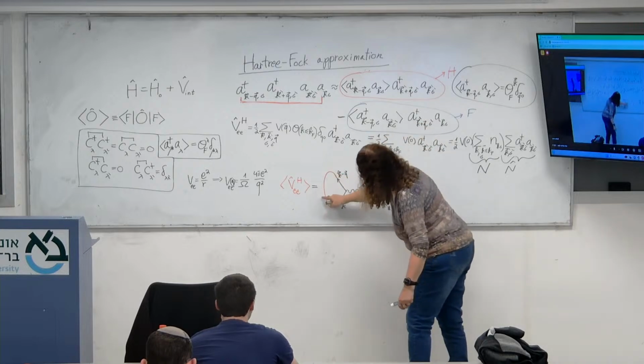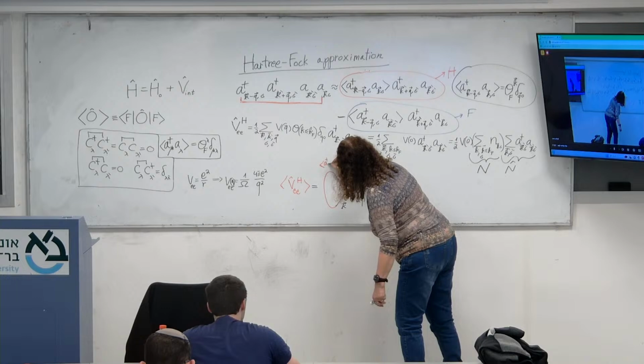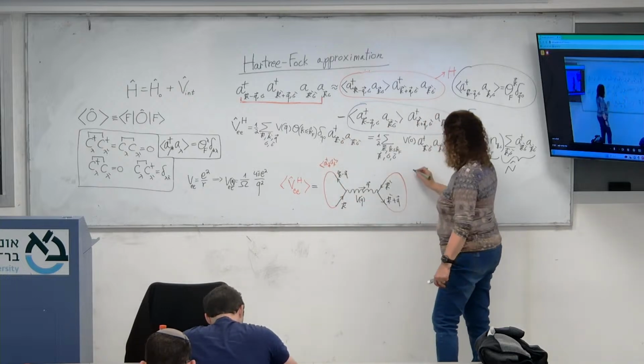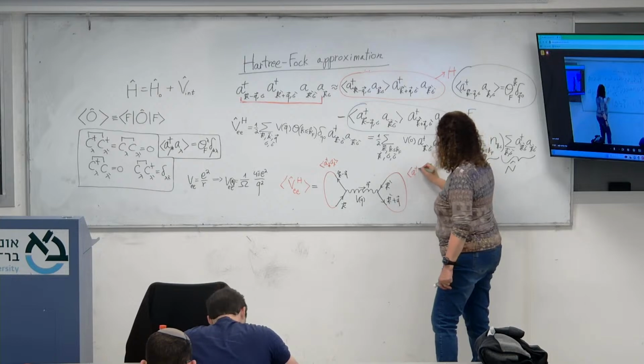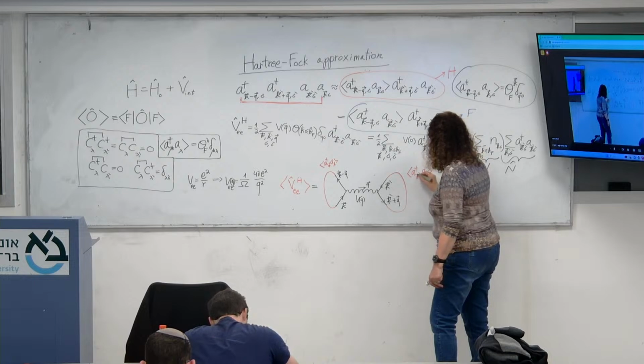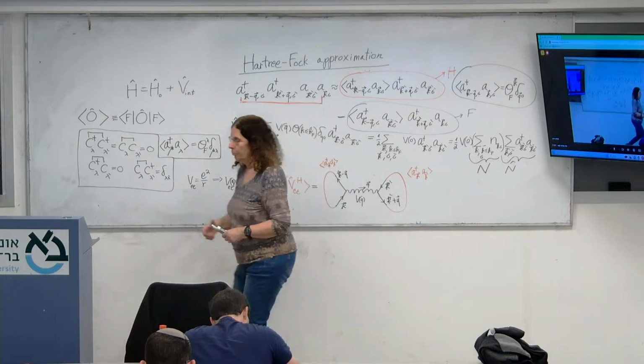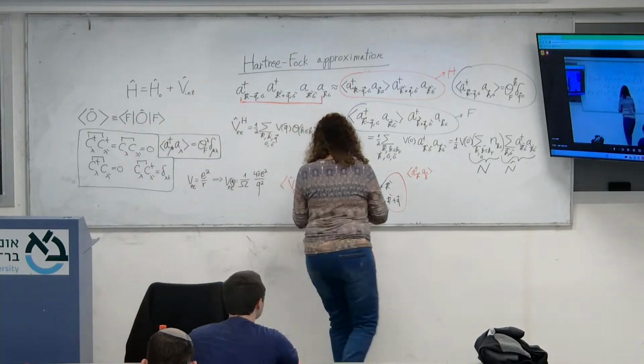So this denotes a k, and this denotes a k prime. And q must be 0, otherwise there's no momentum conservation.